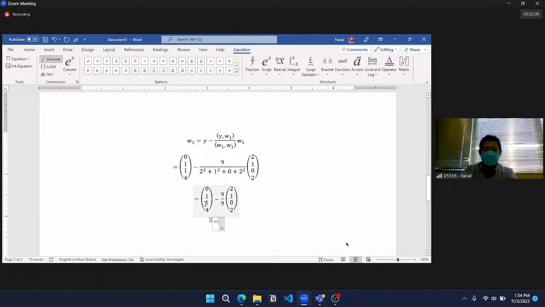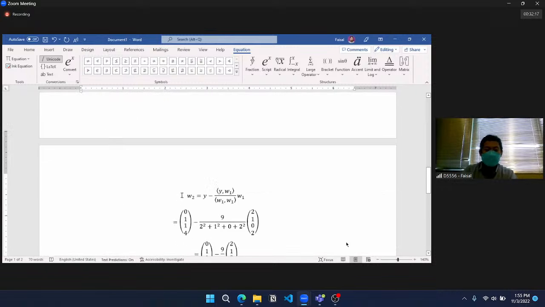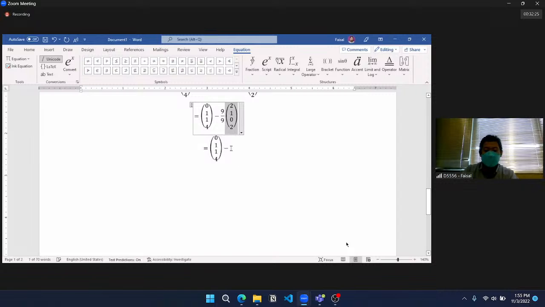So we just subtract: this is P2 minus P1, and we get this vector: minus 2, 0, 1, and 2. So we get W2.